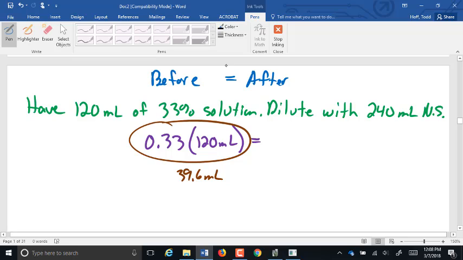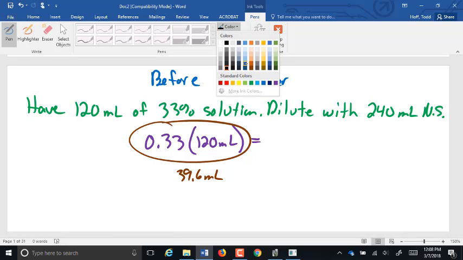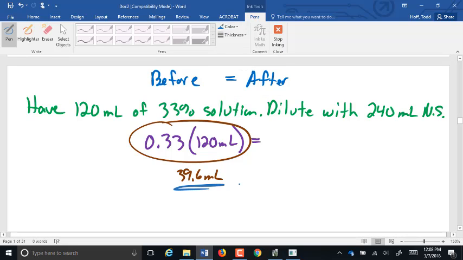Well, after we dilute it, we're still going to have that same amount, sorry, not concentration, but same amount of the active substance. The concentration will change because the volume changes. So this new concentration, I'm going to call it C2 for the after concentration, times that new volume, which is 120 plus the 240, or 360 milliliters, has to equal that amount of active ingredient.